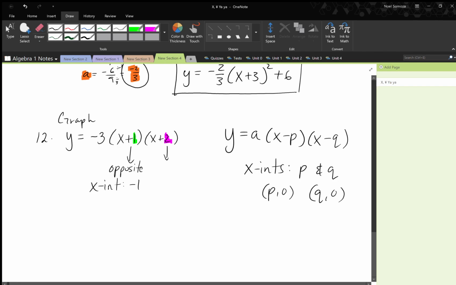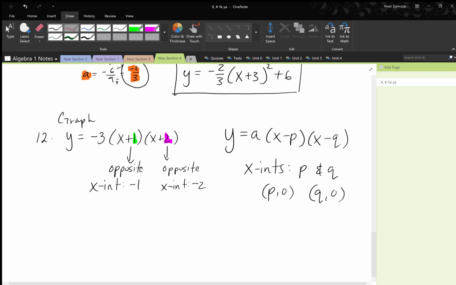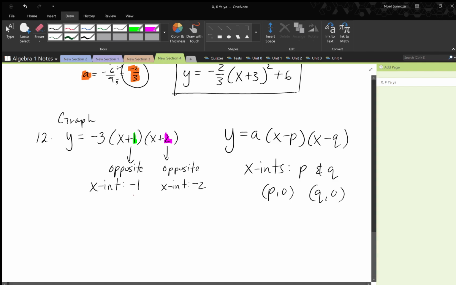And the same thing for the other one. You would take the opposite of positive 2, so your other x-intercept would be negative 2. So the first one that you found is going to be your p, and the other one is going to be your q.